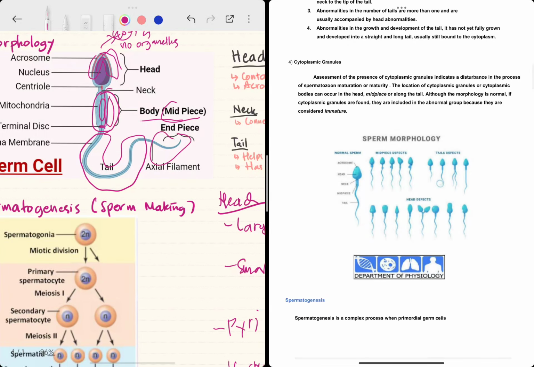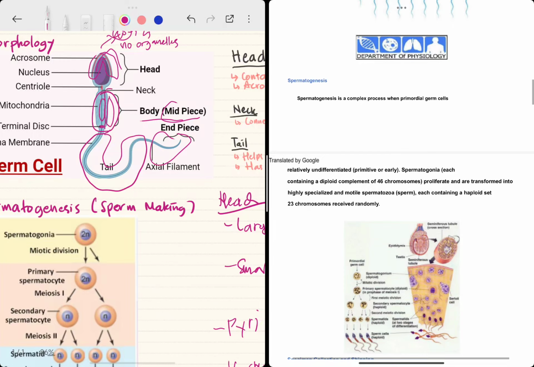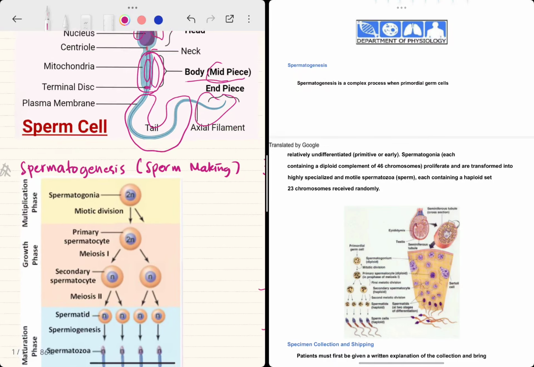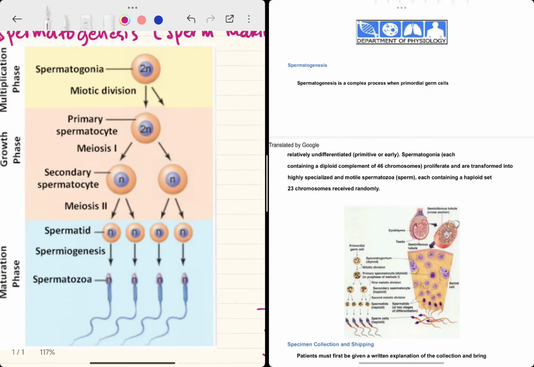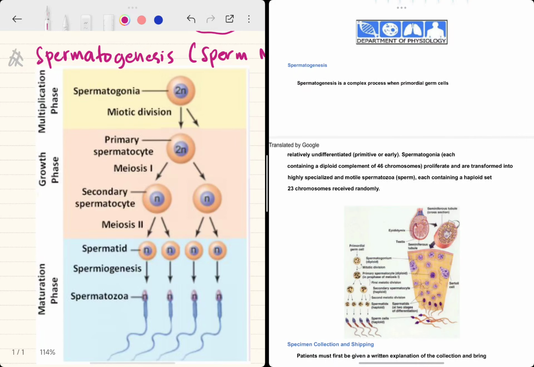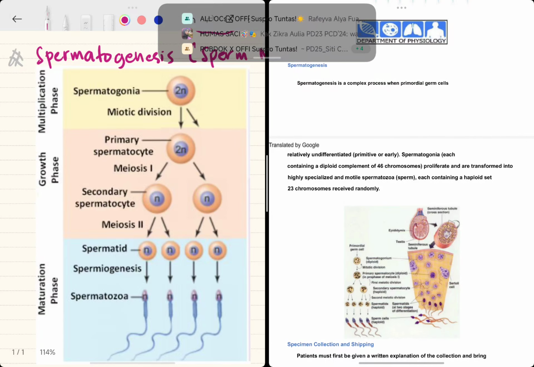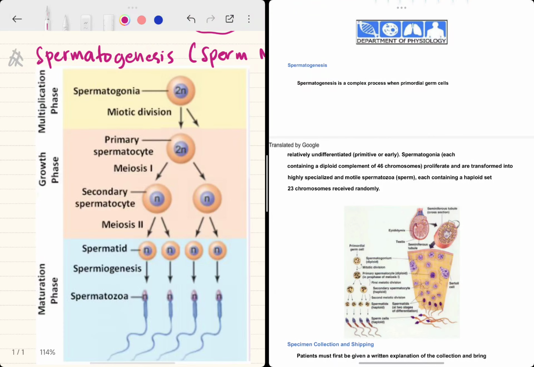Okay, next we have spermatogenesis, or the sperm making. So spermatogenesis is where the relatively undifferentiated primordial germ cells, or spermatogonia, which have 46 chromosomes, proliferate and are transformed into highly specialized and motile sperm, each with haploid 23 chromosomes.